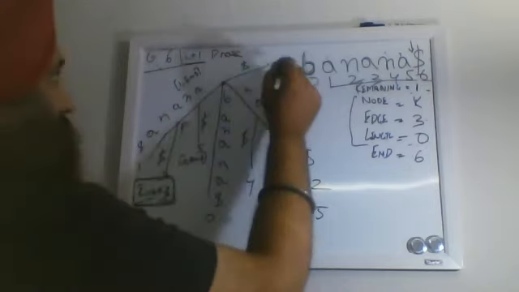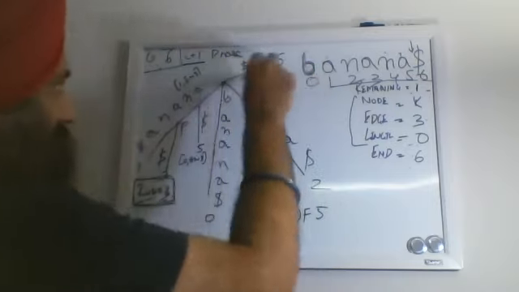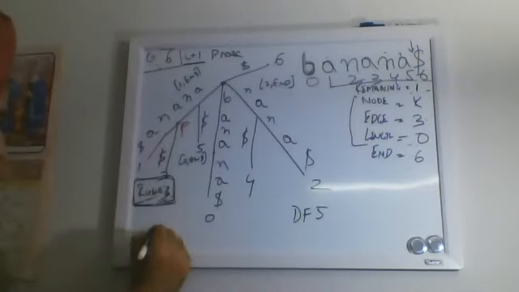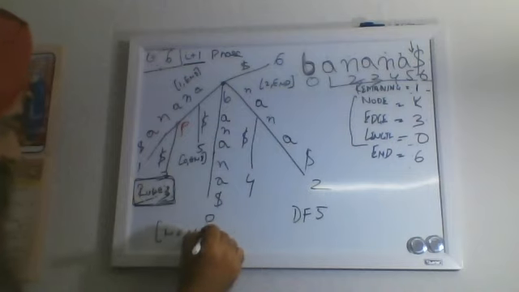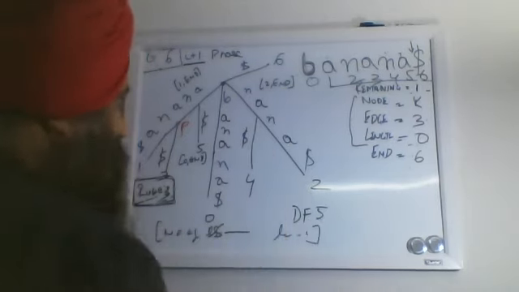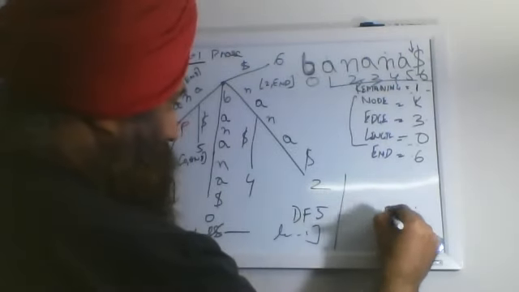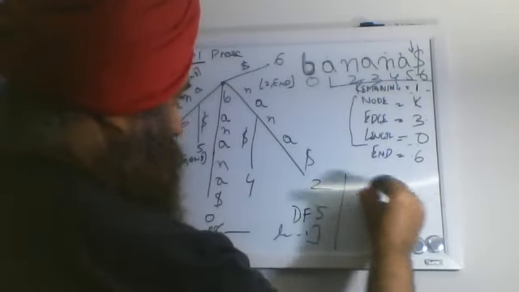And this is 7 minus 7, and this was 1, 6, 1, 7 minus 1, 6. So the rule is: total characters in the string minus number of characters in the leaf, and you get the number. That's one way. The second way is that you have the pointer towards the end, so you can calculate.